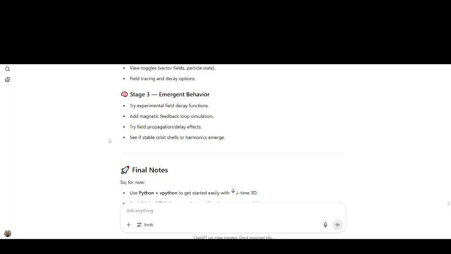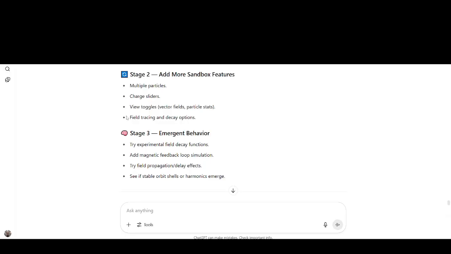Step 3, emergent behavior. Try experimental field decay functions. Oh yeah, so I guess with the past affecting the present and the future. One idea is, initially I was thinking that the particles cease to exist mechanically after the frame skip.